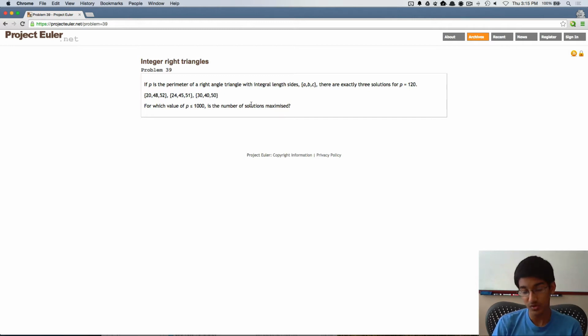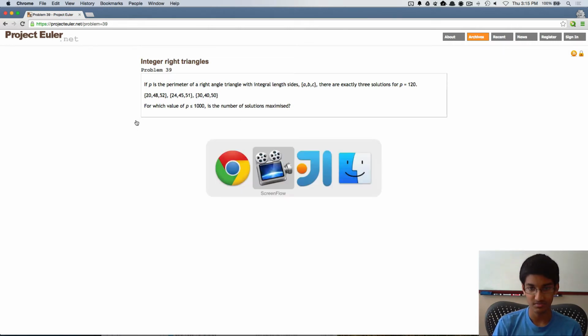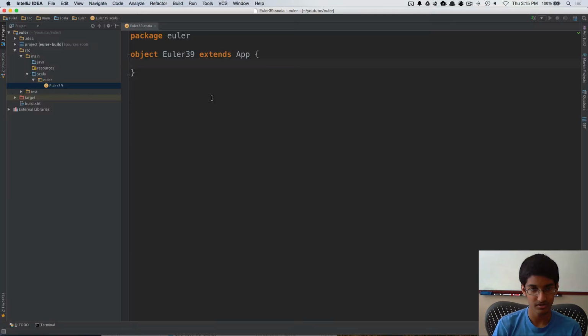The way we're going to solve this is to find an equation that, given the perimeter of a triangle and one of its leg lengths, finds the other leg. So I'm going to switch over into IntelliJ. I'm actually just going to do this in a comment.